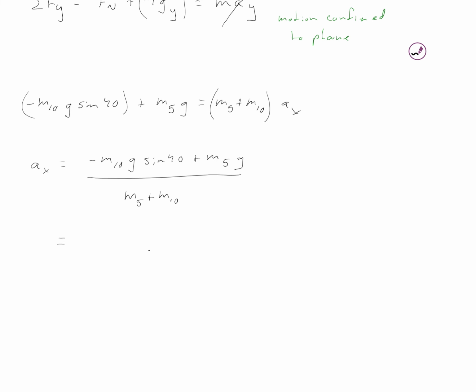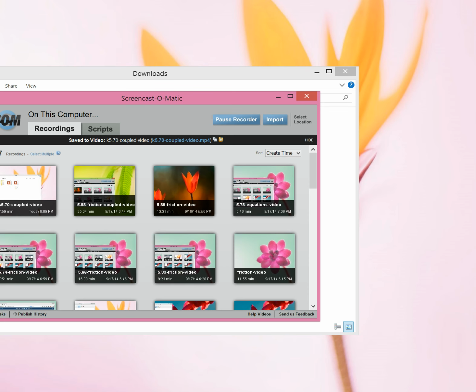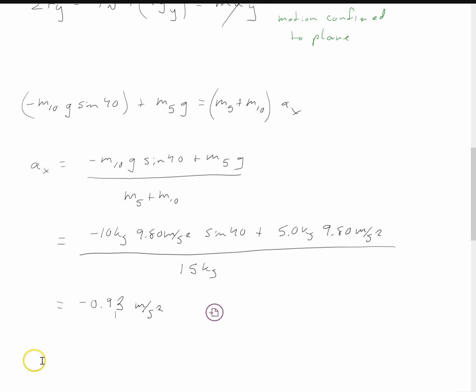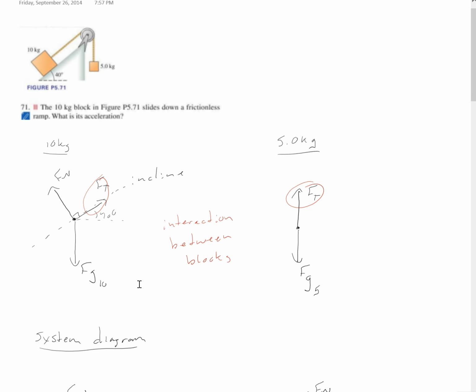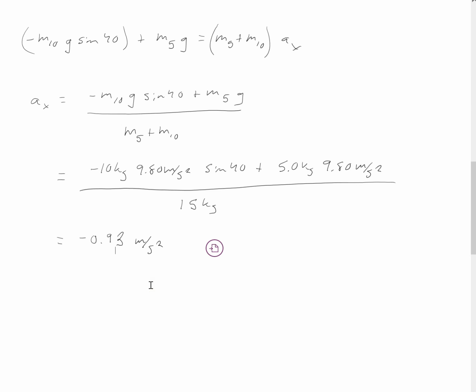Now if I substitute my numbers, and I'll plug those in my calculator. Alright, that gives me my acceleration in the x direction. And that's the end of the problem. I can box that in.